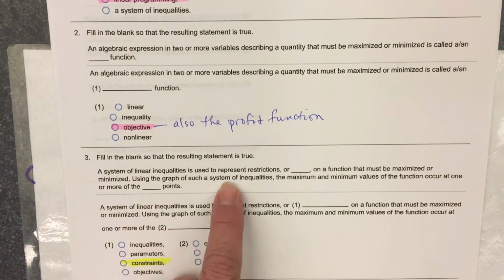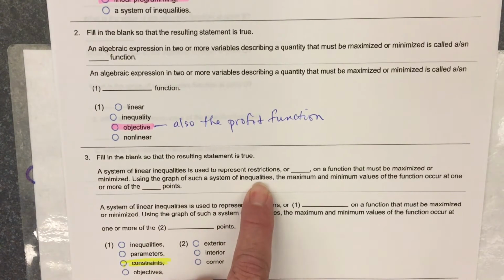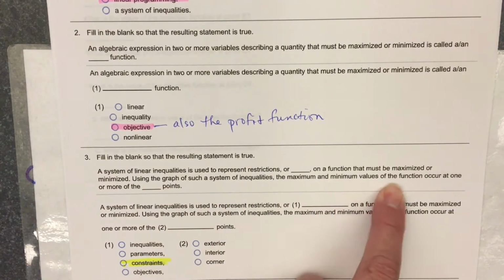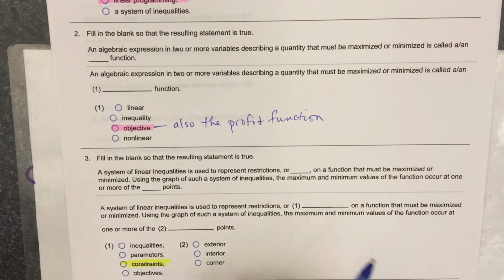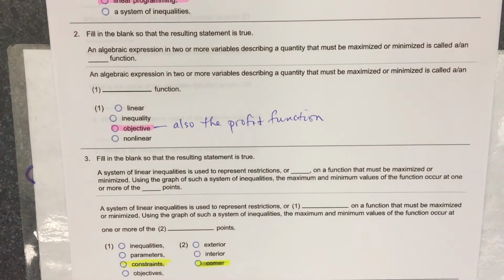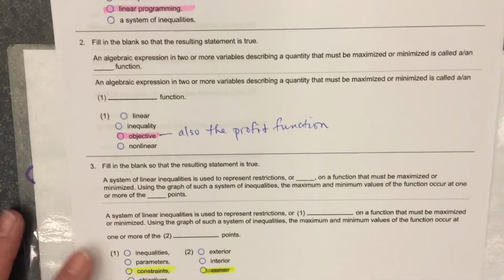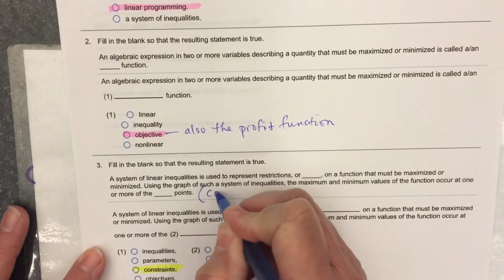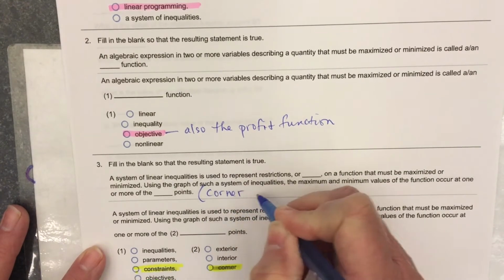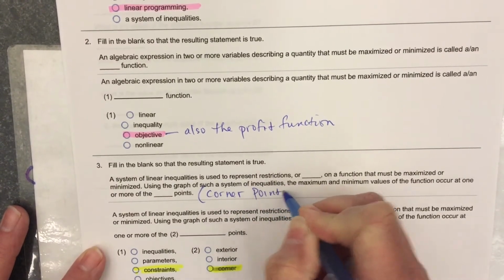Using a graph of such a system of inequalities, the maximum and minimum values of the function occur at one or more of the corner points. That's actually one of the theorems for this section. This is called the corner point principle.